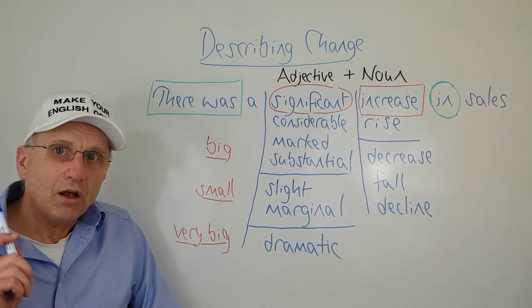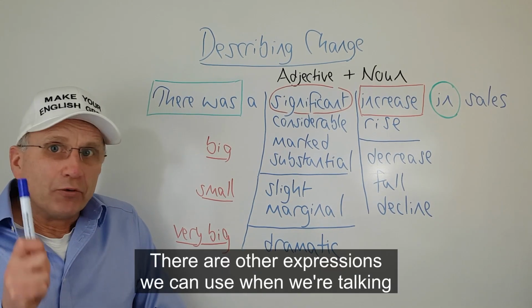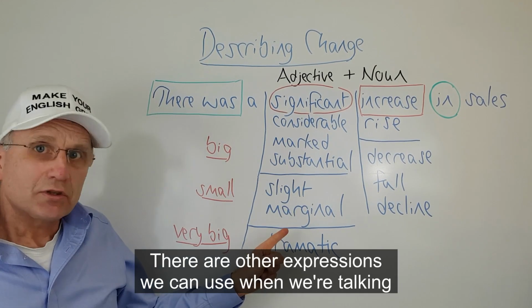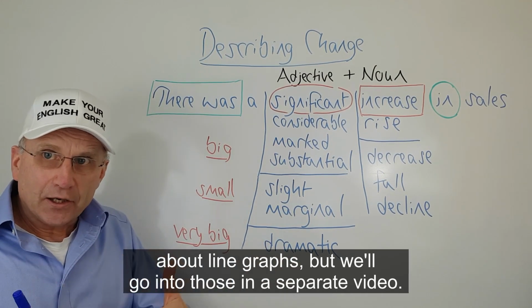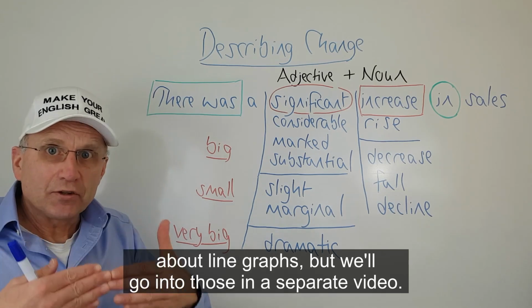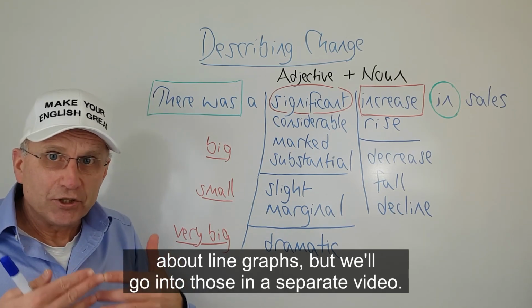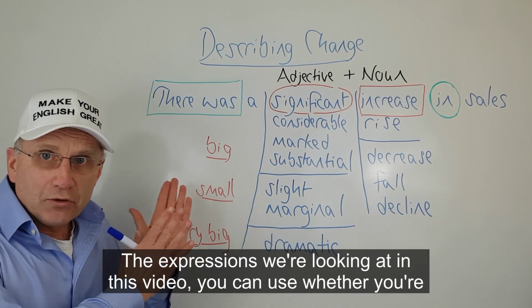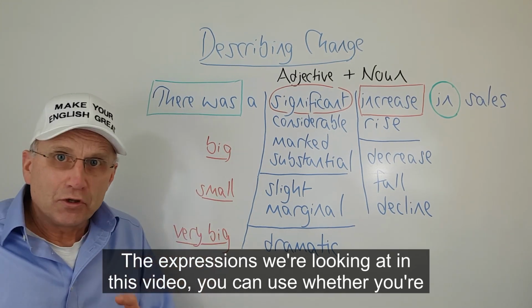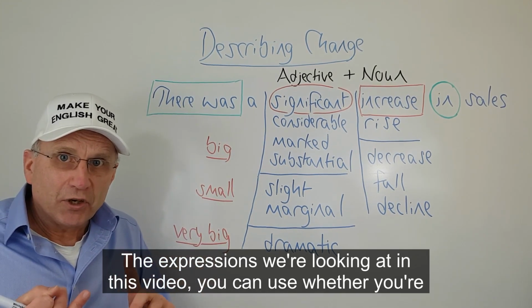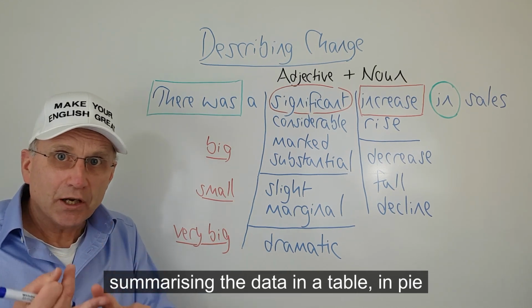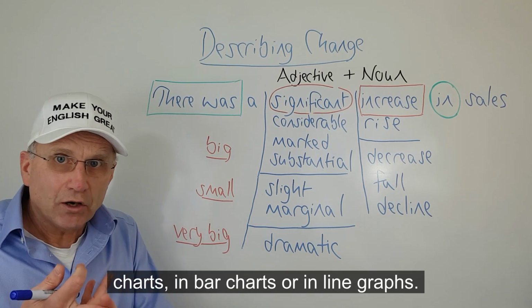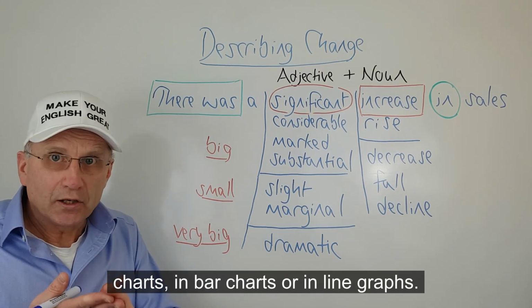Now, one last thing, there are other expressions we can use when we're talking about line graphs, but we'll go into those in a separate video. The expressions we're looking at in this video you can use whether you're summarizing the data in a table, in pie charts, in bar charts, or in line graphs.